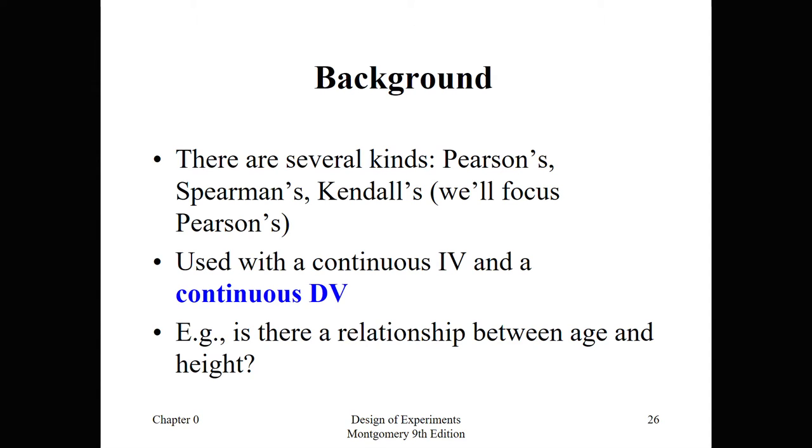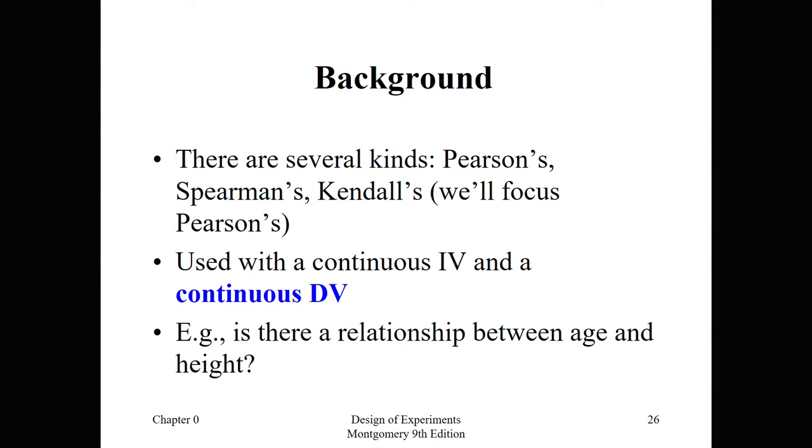The types of variables that we need for Pearson's correlation are a continuous independent variable and a continuous dependent variable. For instance, age and height are two continuous variables, and we might ask, is there a relationship between age and height? With all of these, it's important to realize that there are assumptions that we make.